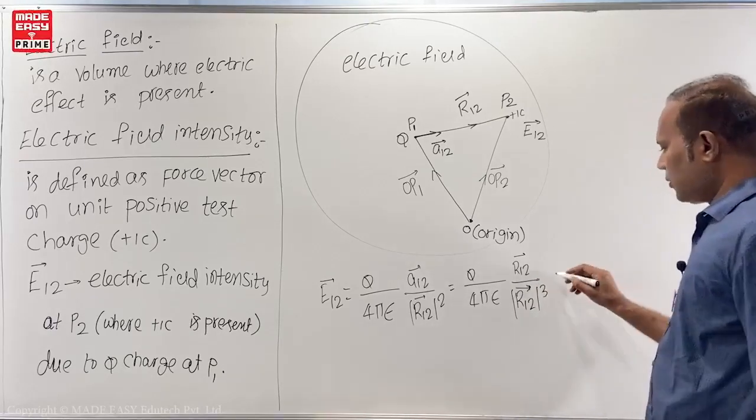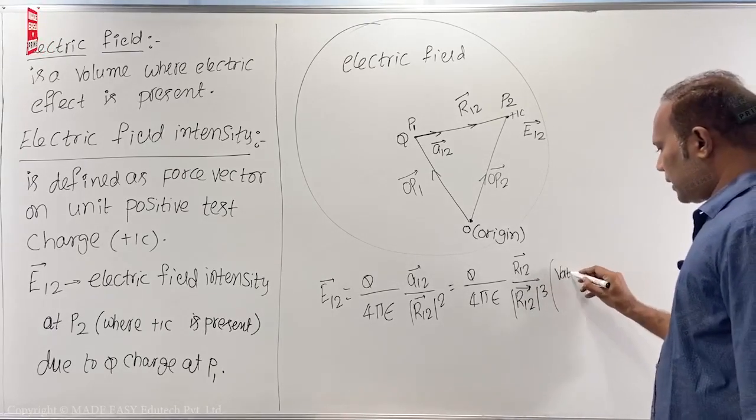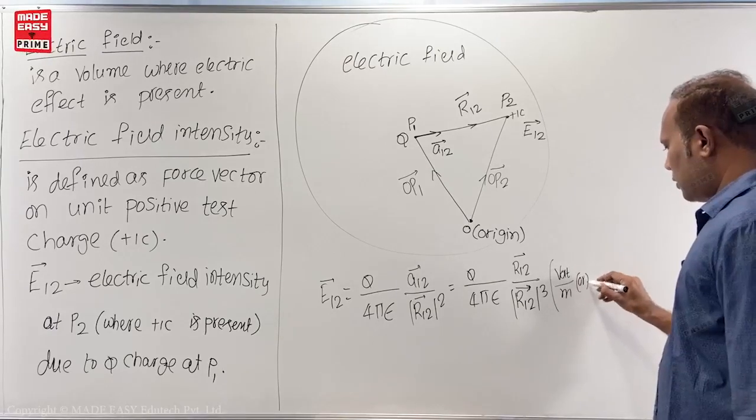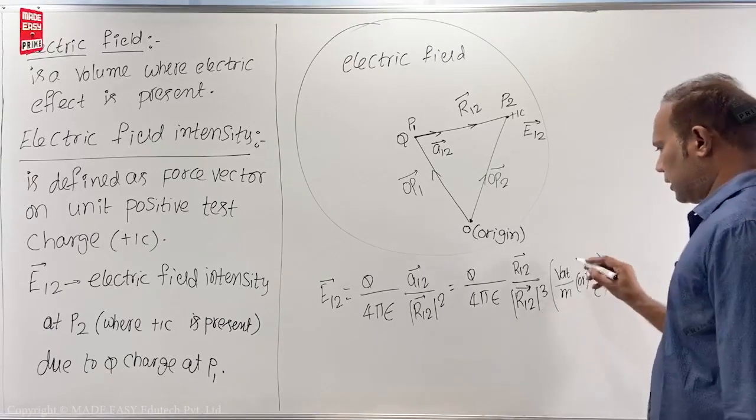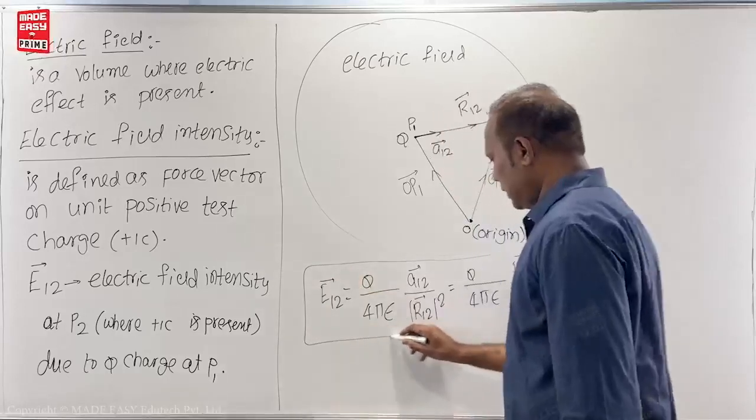Okay, now what is the unit? I told you volt per meter, or otherwise Newton per coulomb. Two units are there, so you remember this formula, dear students.